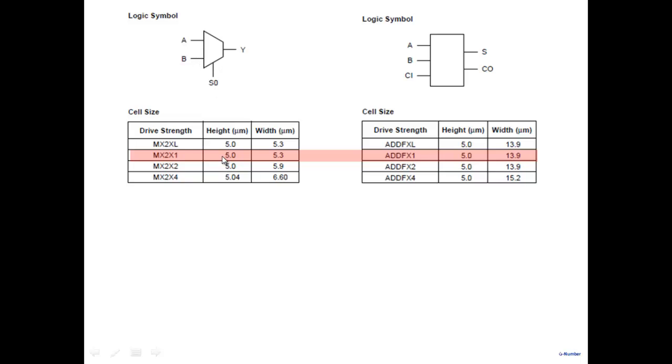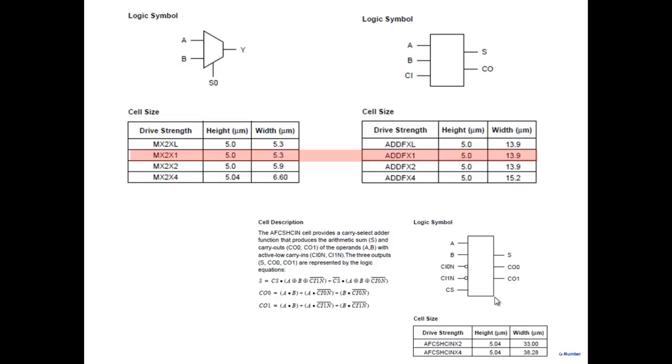Look at the cost associated with this mux, 5 micron by 5.3 micron, right? This is a mux here. This is a simple adder, 1-bit adder, full adder. What is the cost associated with this? 5 into 13.9. Adder is a much more expensive unit. And by the way, this is a very simple adder. If I have a more complex adder, like carry select adders and all that, the cost is even higher for each bit of addition, area cost.